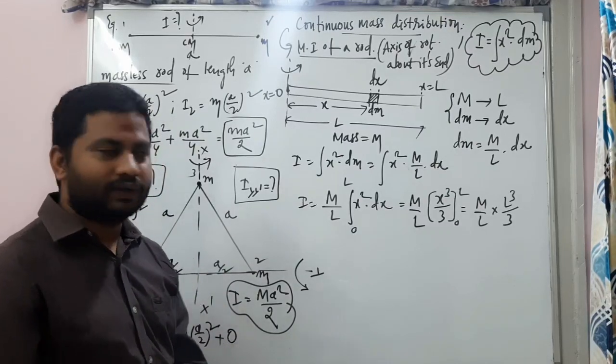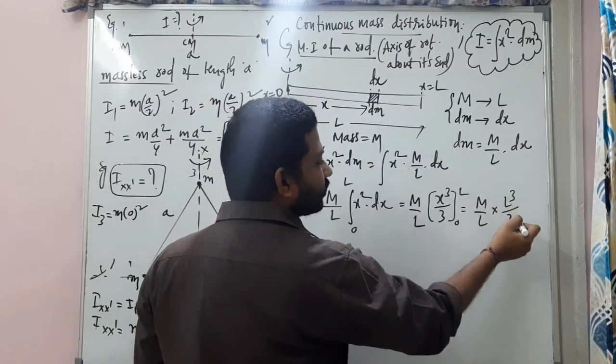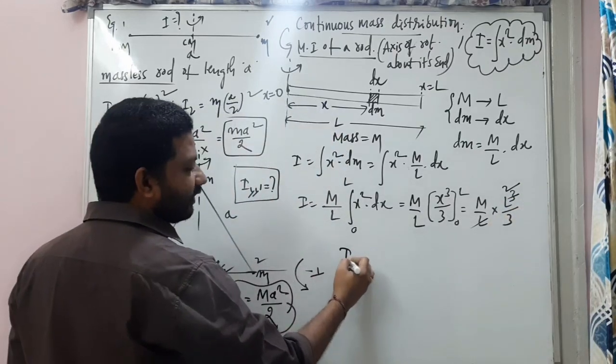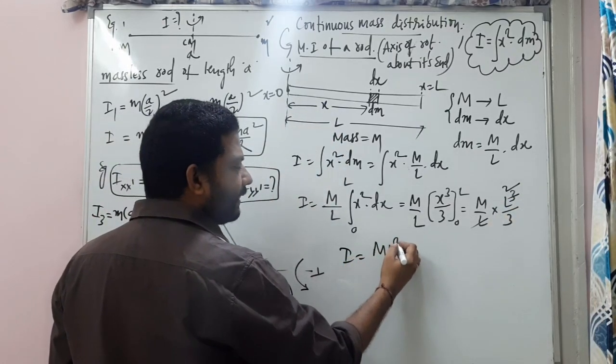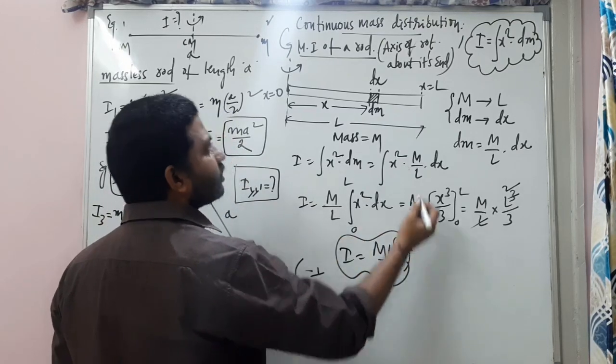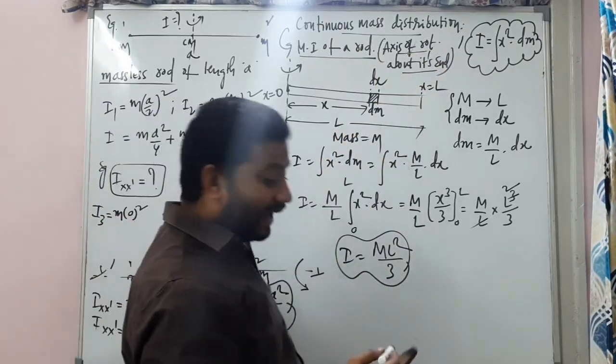Refer to the notes. So if you apply the limits, you get L cube by 3 here. So L cancels with one L, and you get mL square by 3. What is that? Moment of inertia of the rod about an axis passing through the end.